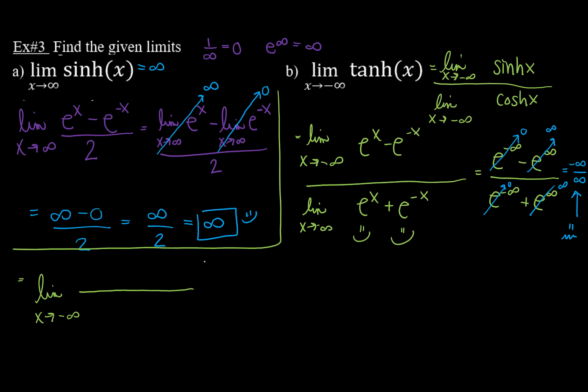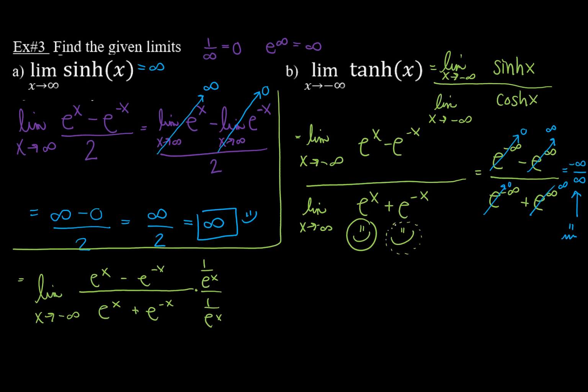So I'm going to multiply the top and the bottom function by 1 over e to the x. And again, just keep in mind, e to the positive x is bigger than e to the negative x.